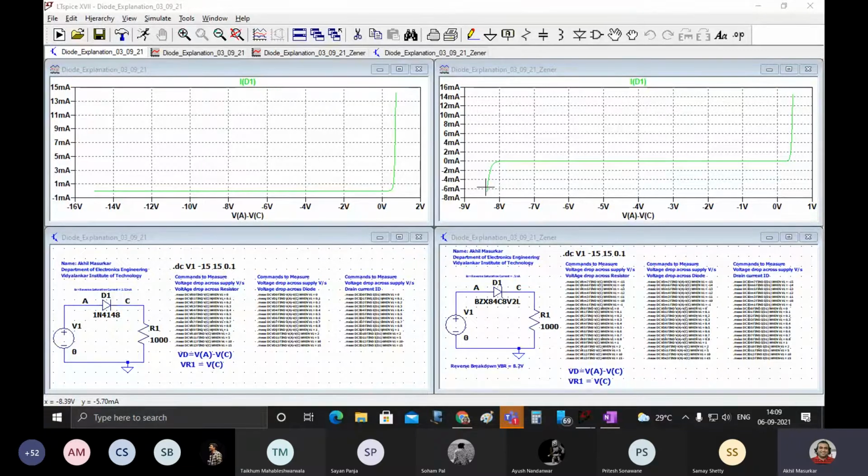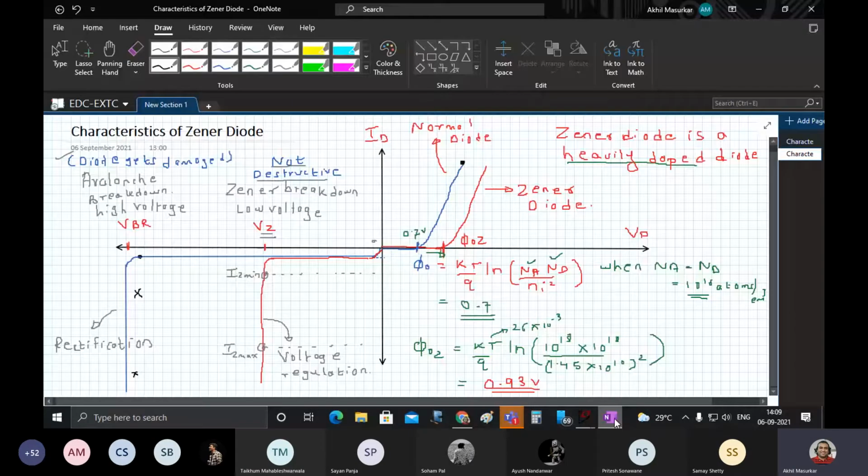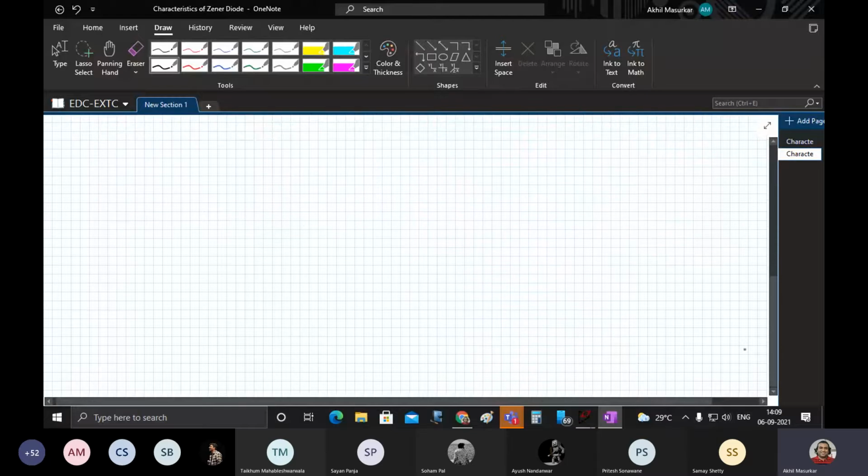Now in the meantime, I just want to tell you why this actually happens. What happens is actually, see, if this is a Zener diode, na, you're having a Zener diode.